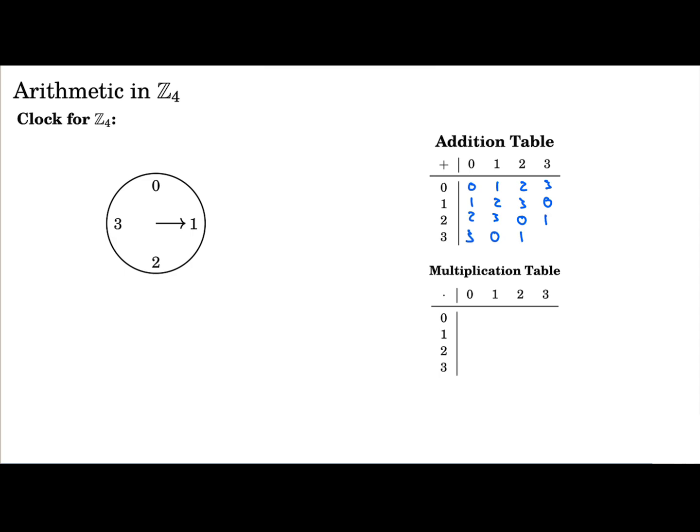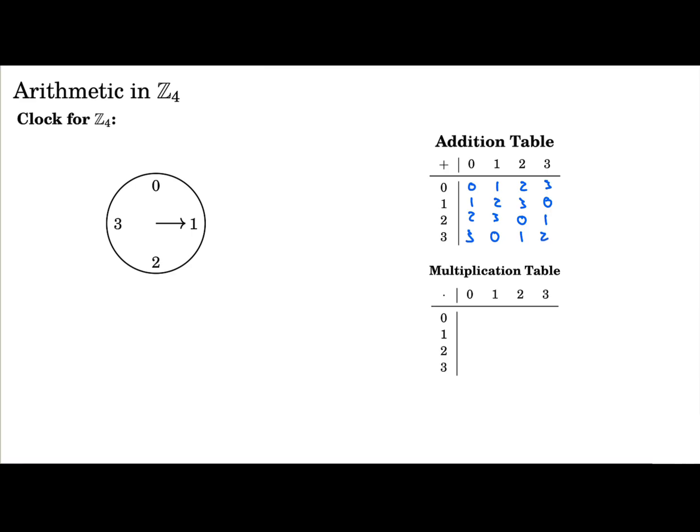And 3 plus 3 is 6, which is going to be this 2 over here, because if you divide 6 by 4, you get a remainder of 2. But what we care about here is the multiplication.